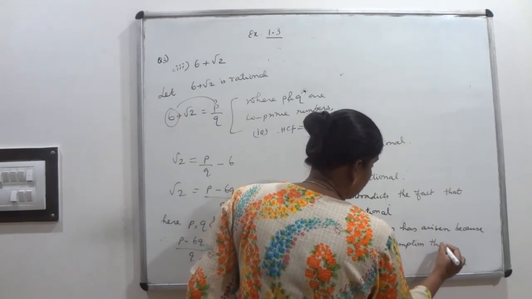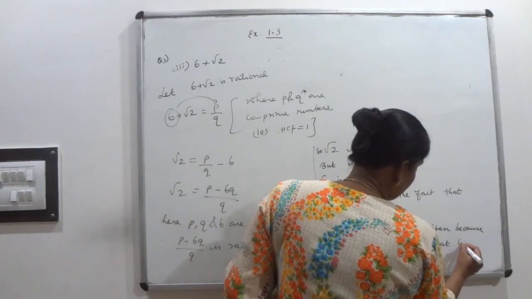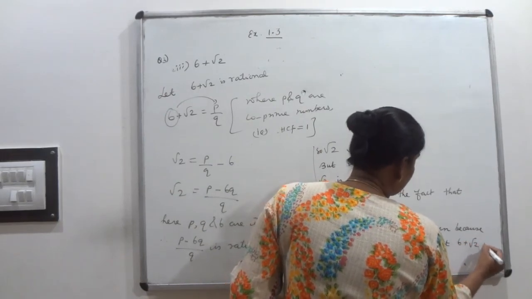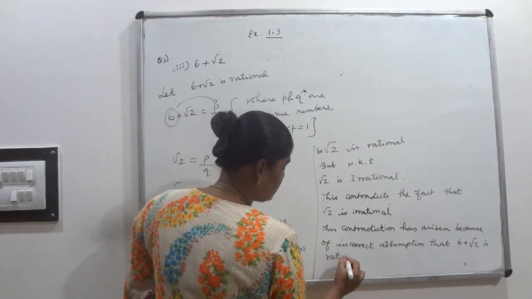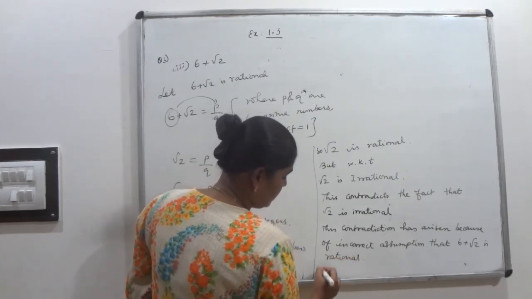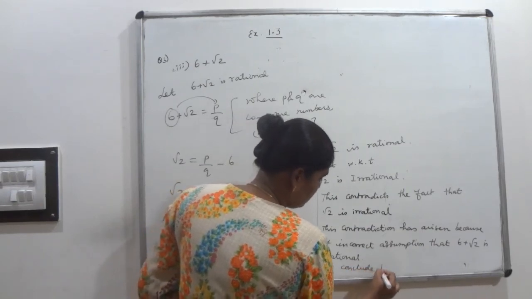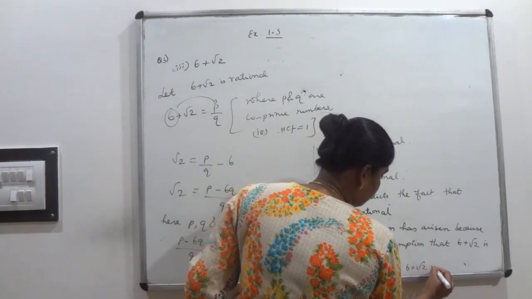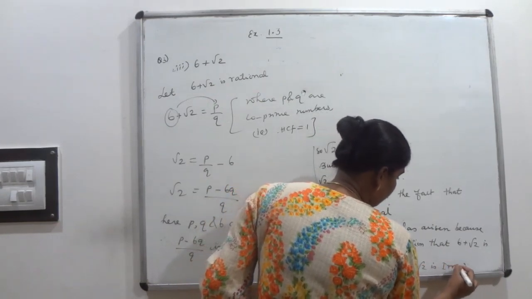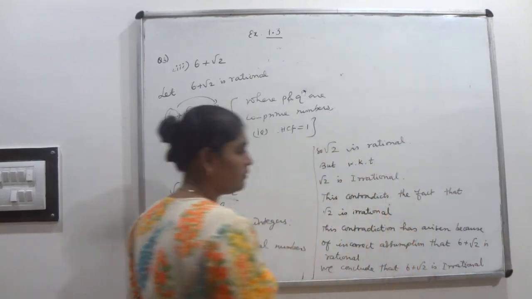The assumption that you assumed, 6 plus root 2 is rational. So this assumption is wrong. So we can conclude that 6 plus root 2 is an irrational number. Thank you.